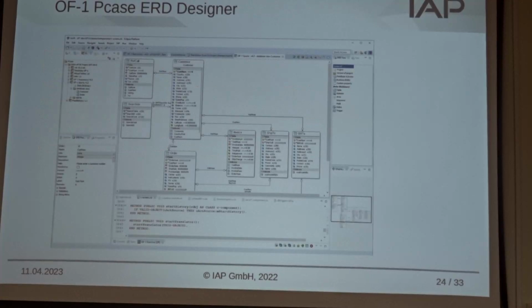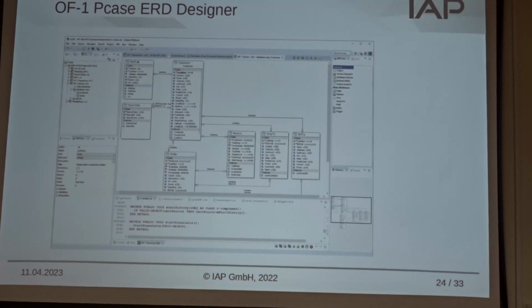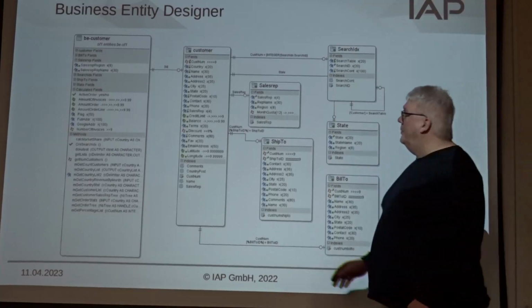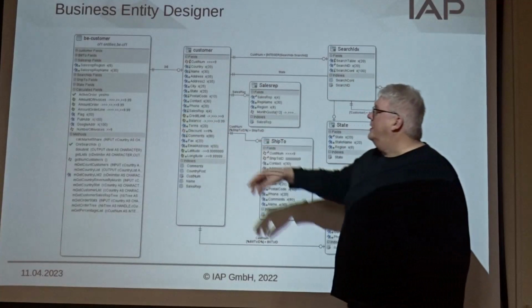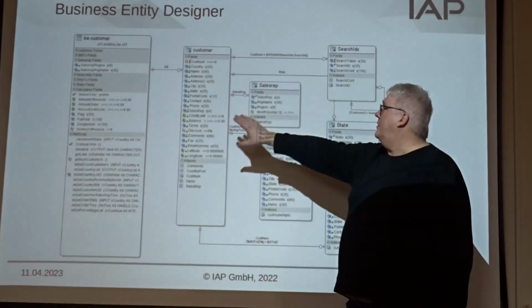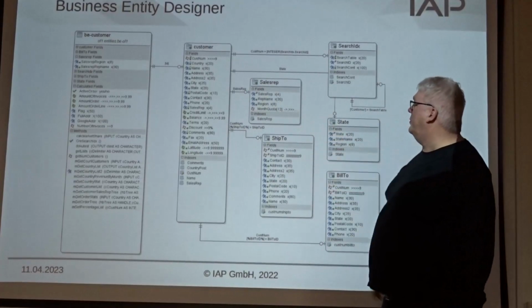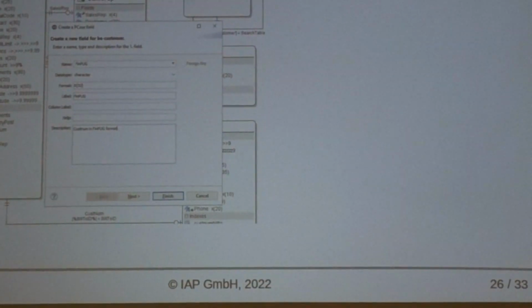So that is PCas here, an example, the sports database. Here you don't see the colors. What you see on the most left table is a business entity structure, and here this are more green, but you can see here.